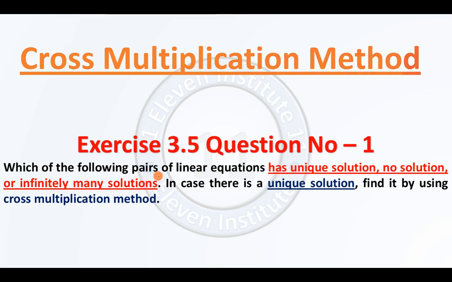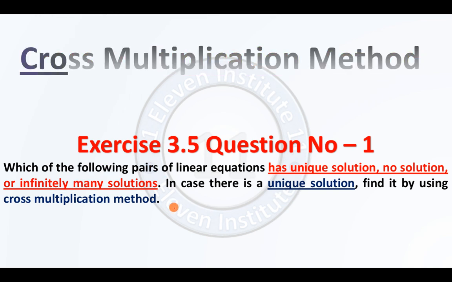Which of the following pairs of linear equations has a unique solution, no solution, or infinitely many solutions? So what we have to do is find a1 upon a2, b1 upon b2, c1 upon c2, and based upon the relation we obtain, tell whether the given pair has a unique solution, no solution, or infinitely many solutions.